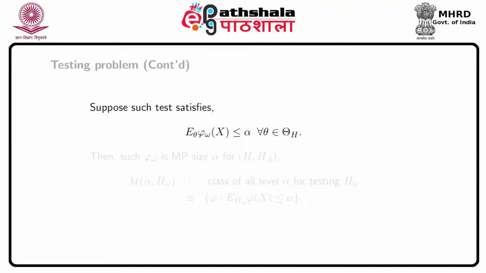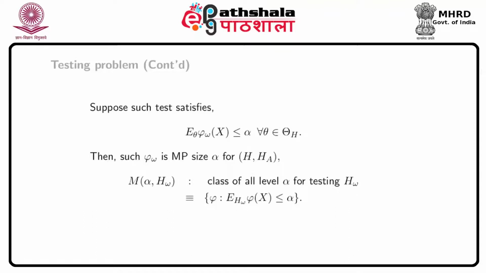Suppose such a test satisfies the expectation under θ of φ_w(x) less than or equal to α for all θ belonging to Ω_H, then such φ_w is the most powerful size α test for H against H_A.